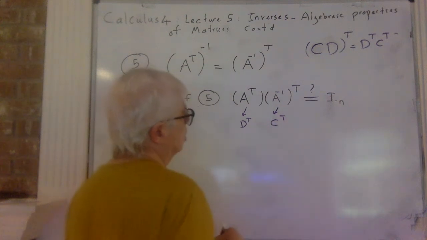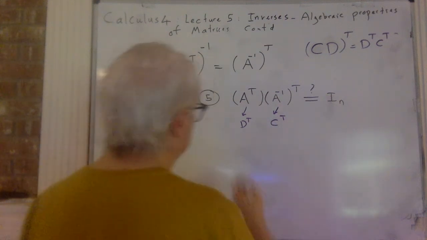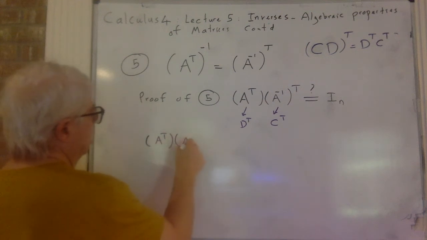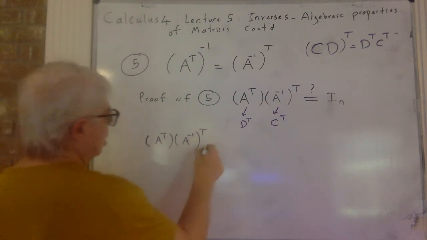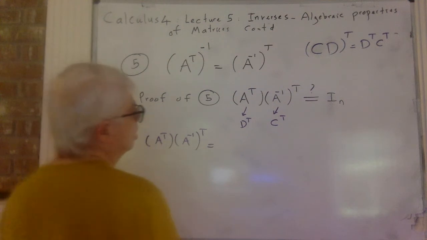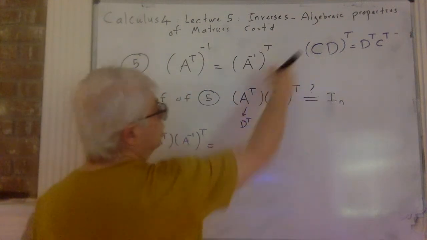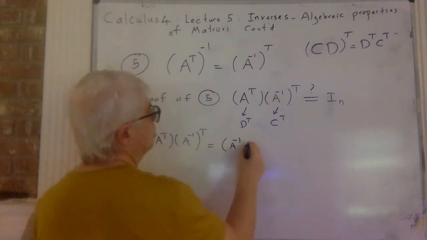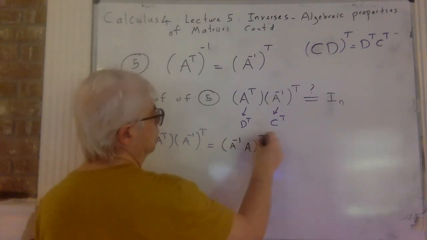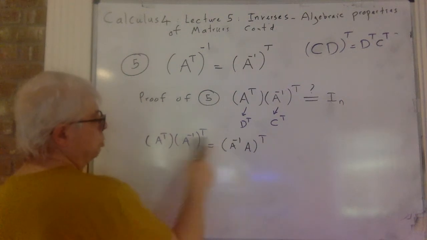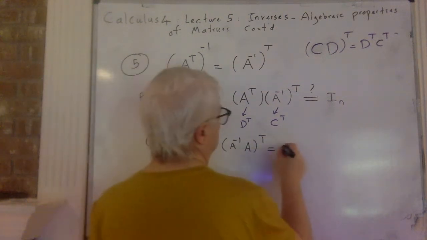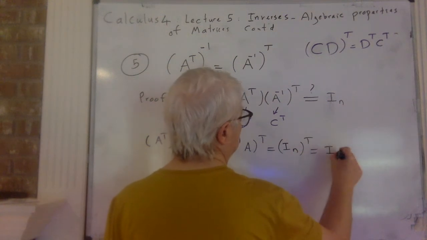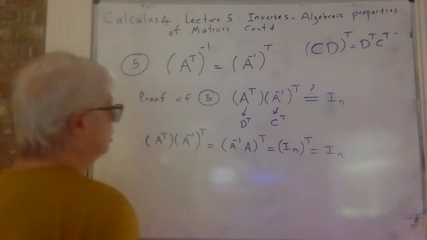So this thing, using that, is in fact A inverse times A transpose, that is A transpose, A inverse transpose. But this is I_N transpose, and I_N transpose is simply I_N. Okay?